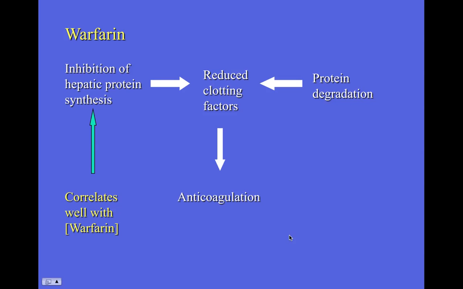If you look at the end point of what warfarin does, which is inhibit protein synthesis, then there actually is a very close correlation between the concentration of warfarin and the inhibition of protein synthesis. But what you're interested in is how much anticoagulation you get, and actually there's a very poor concentration to effect relationship. So in this case, monitoring levels of warfarin is pretty useless. What you really want to do is to monitor how much anticoagulation you get, so that you end up with the right end result.